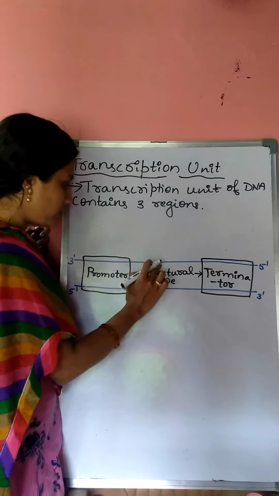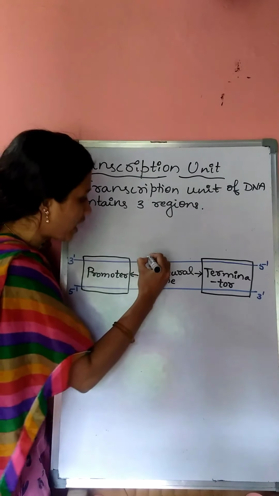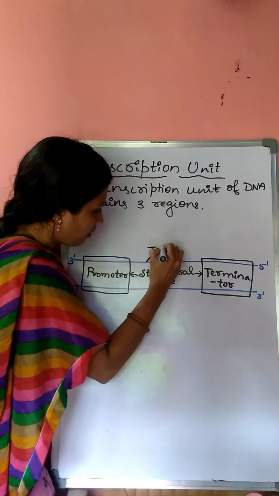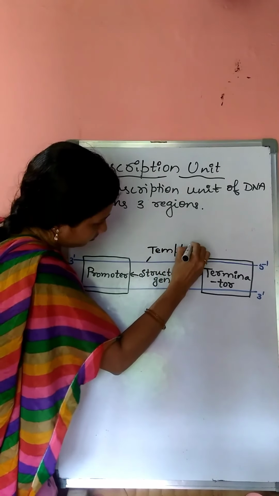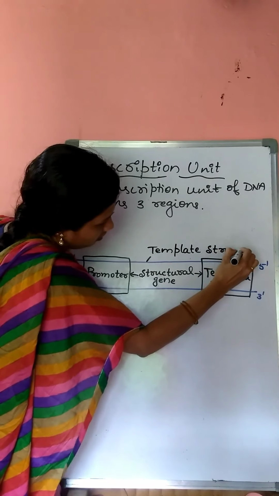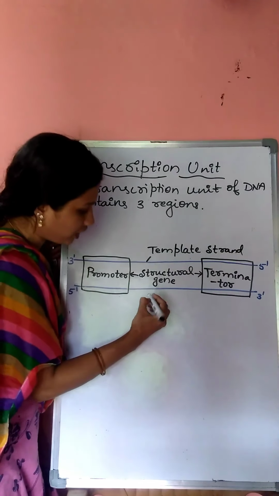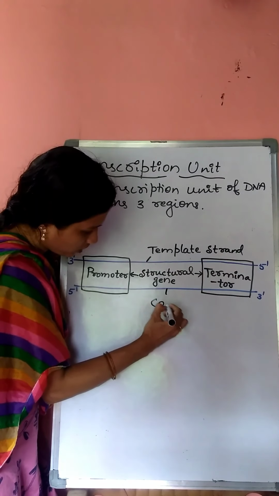And the DNA strand having the polarity of 3' to 5' is called template strand, whereas the DNA strand having the polarity of 5' to 3' is called coding strand.